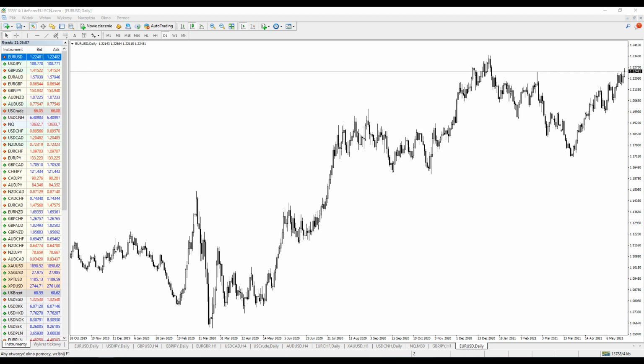Very often that could be round numbers, like the full figure or half of the figure. So let's say 122, 122.50, 123. Of course, the big numbers like 120, 130, 100, 110 might also work well.